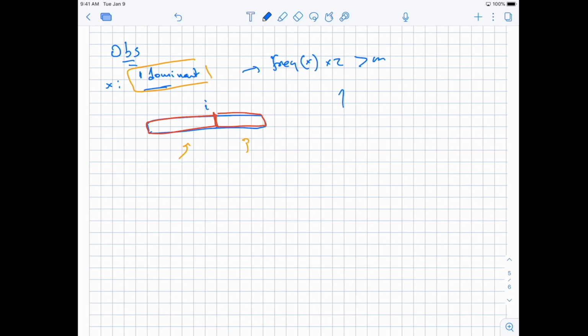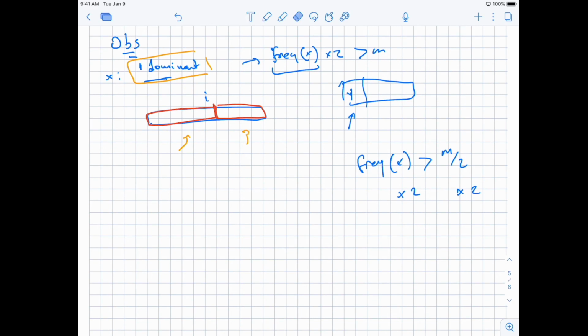Okay, so if you split the array and the dominant element here is, let's say, y, then for the frequency of x, for this to happen, it has to be bigger than m divided by 2. Because if you multiply, for you to get this, you have to have this.